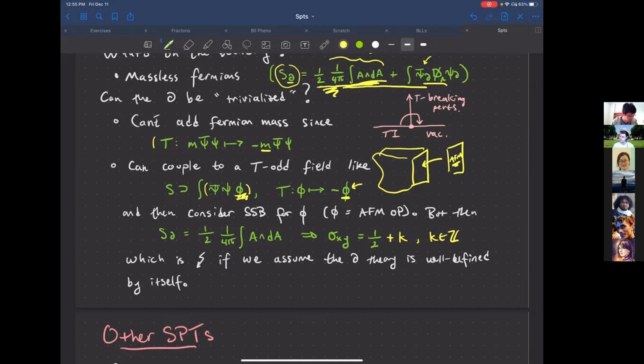Well, I mean, maybe I need to think about this more. Certainly the fact that you have this anomaly is telling you about the fractional quantum number coming here, a statement that doesn't depend on whether you have spontaneous symmetry breaking or no spontaneous symmetry breaking, right? Because it's a statement about commutation relations of operators and stuff.